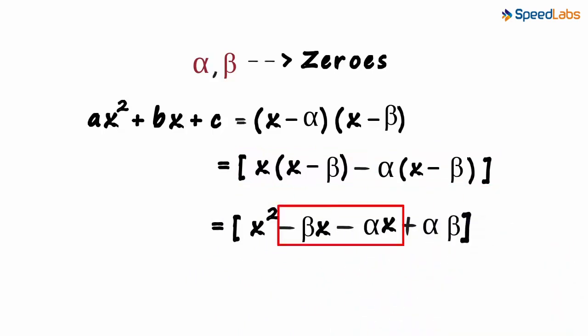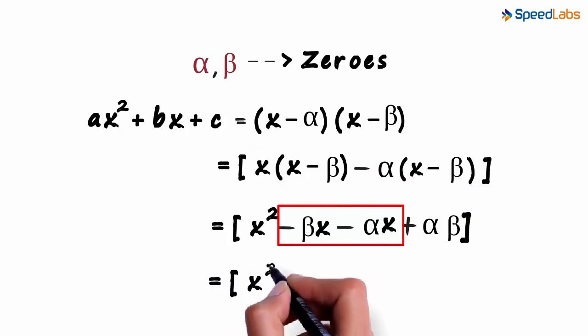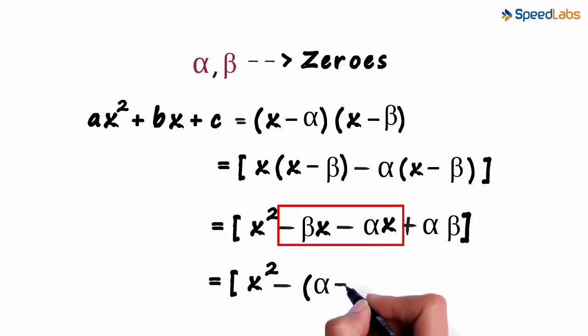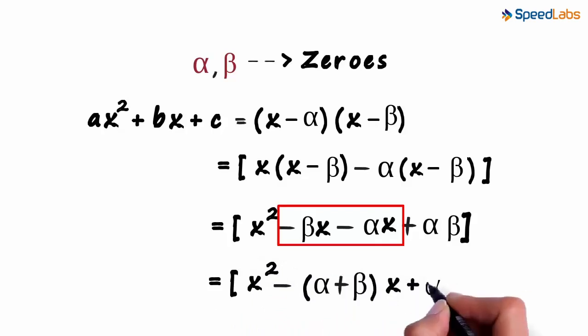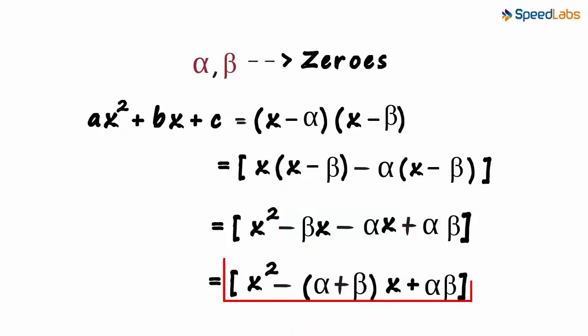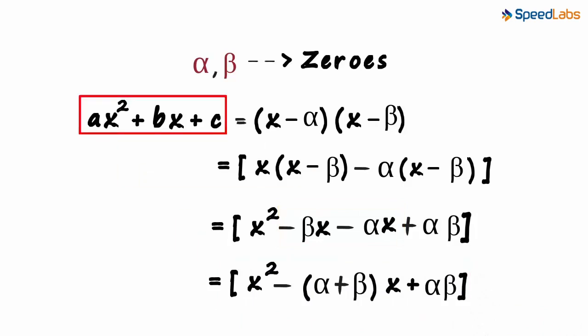These two terms have x as their common factor. Taking x common from both these terms, we write the equation as x squared minus (alpha plus beta) multiplied by x plus alpha beta.